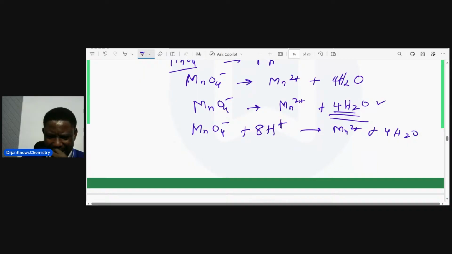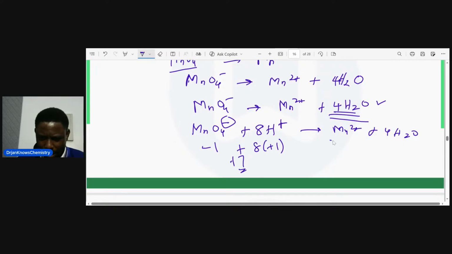The next thing is you balance the charge. What is the charge on the MnO4 minus? This is minus 1. Look at the charge here. We have 8 hydrogen there, that is 8 into plus 1. So minus 1 plus 8 will give you plus 7. Then on the whole product side, we only have plus 2, that is Mn2 plus.